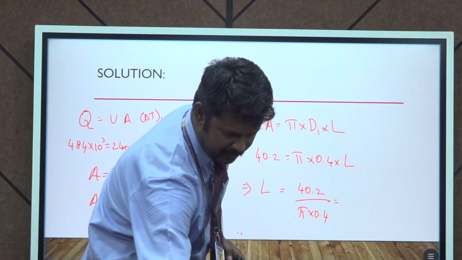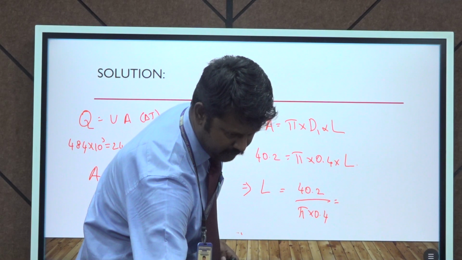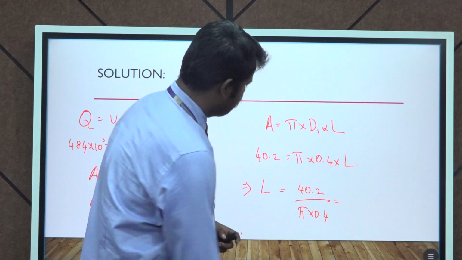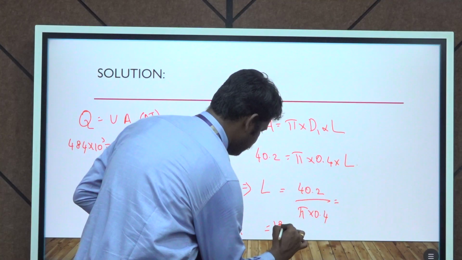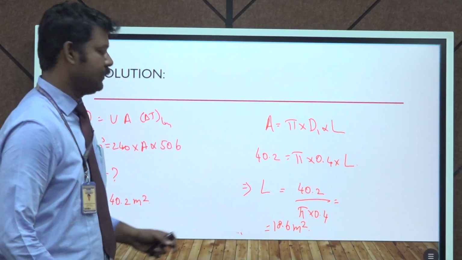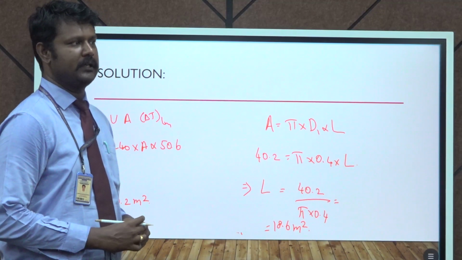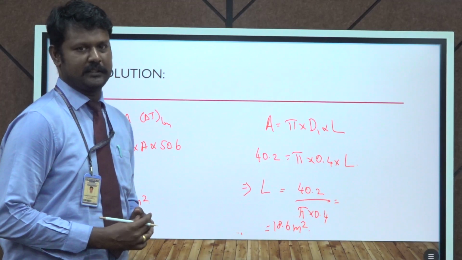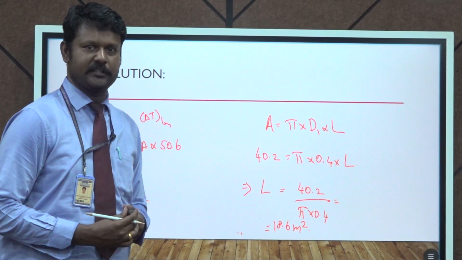It will be approximately equal to 18.6 meter. This is how we have to find out the length of the given heat exchanger. This is the required length of the given heat exchanger. Thank you.